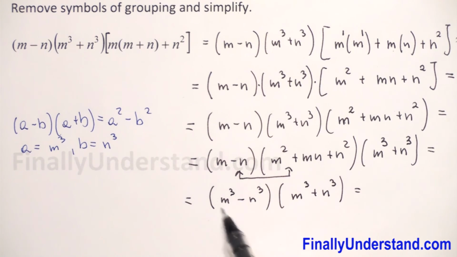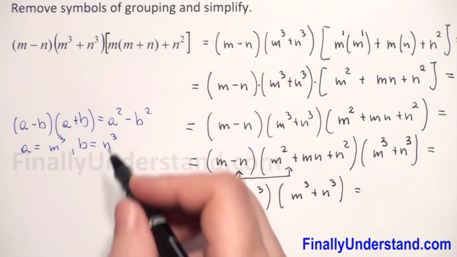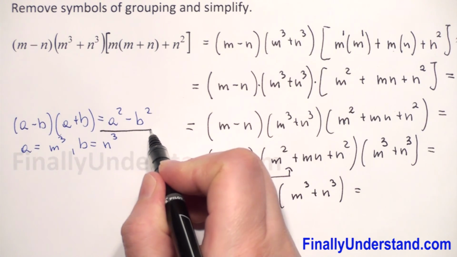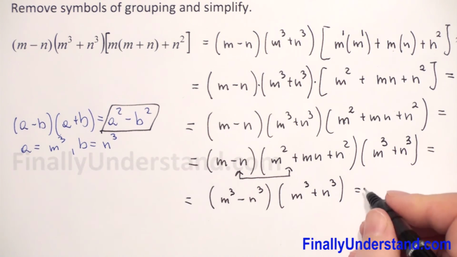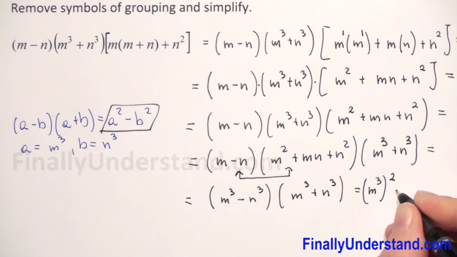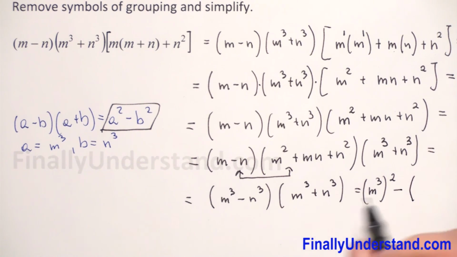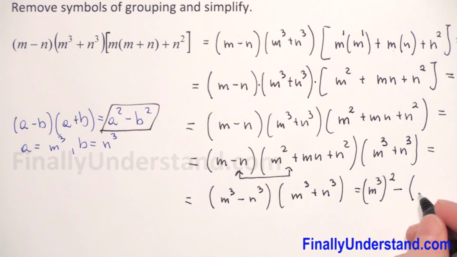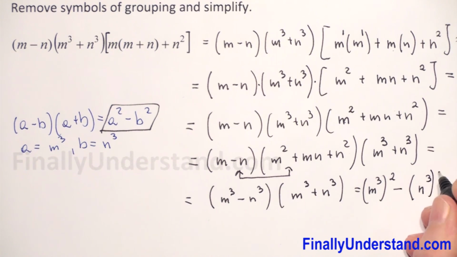So now we can substitute these two parentheses by this form only. So this is equal, a in our example is m cube and we have to take the second power, minus, we copy and we have b, so n cube to the second power.